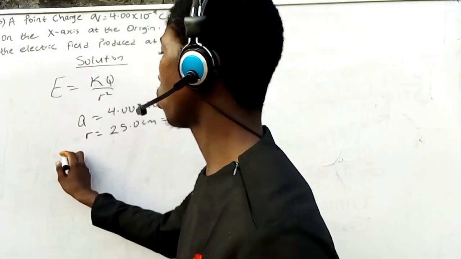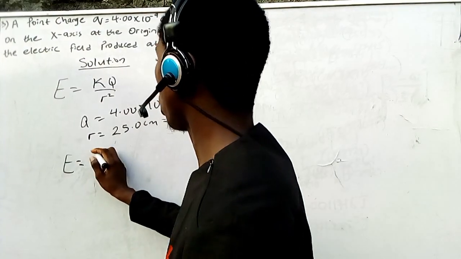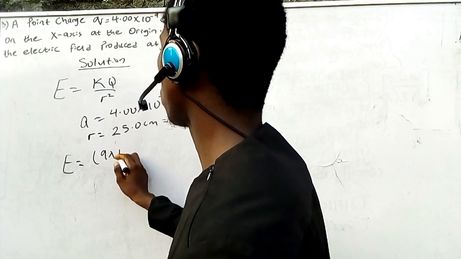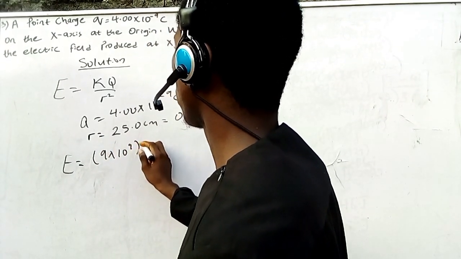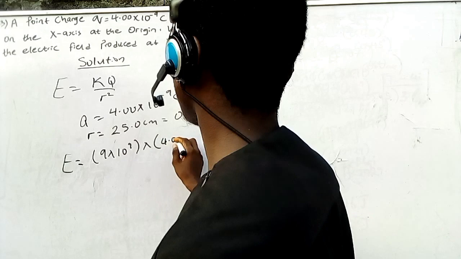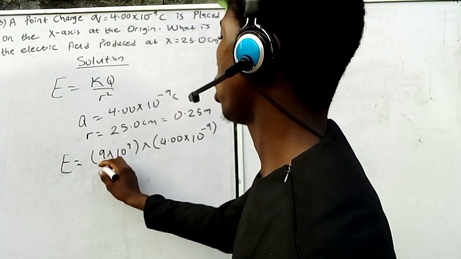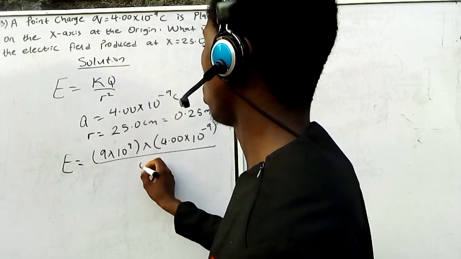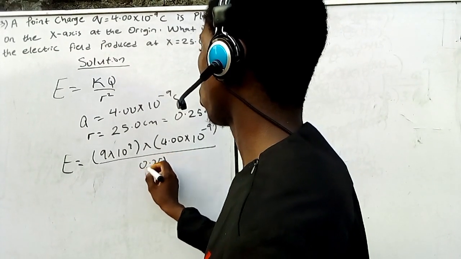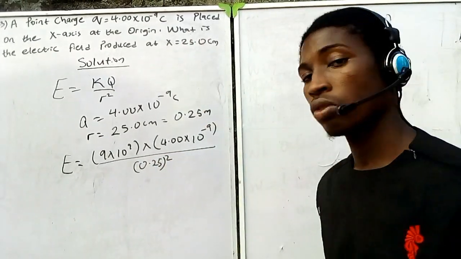Electric field E will give us K, which is 9 times 10 to the power of 9, multiplied by Q, which is 4.00 times 10 to the power of negative 9, all divided by 0.25 all squared, right?